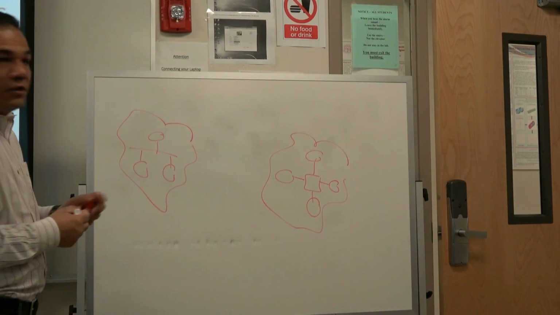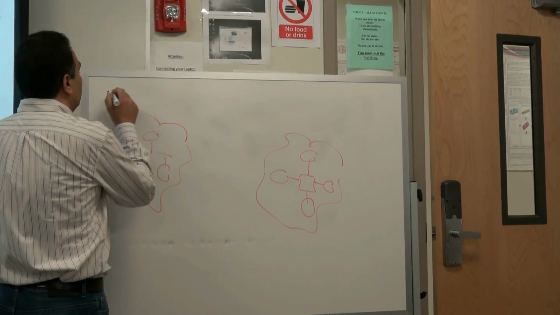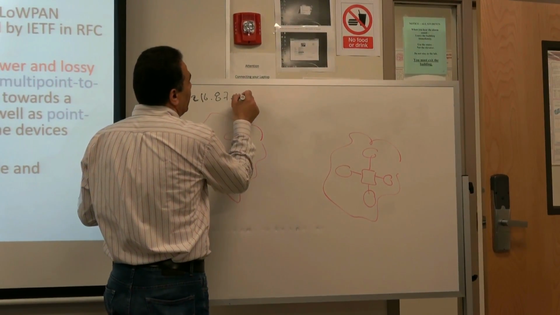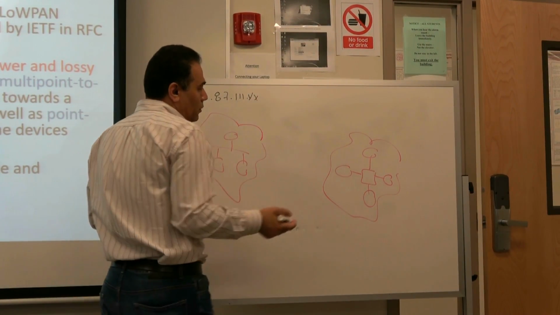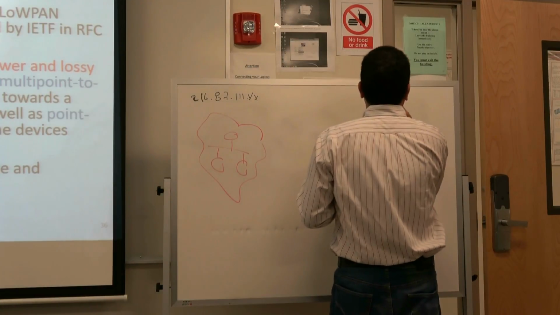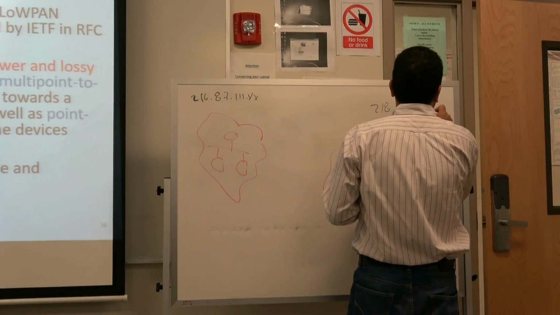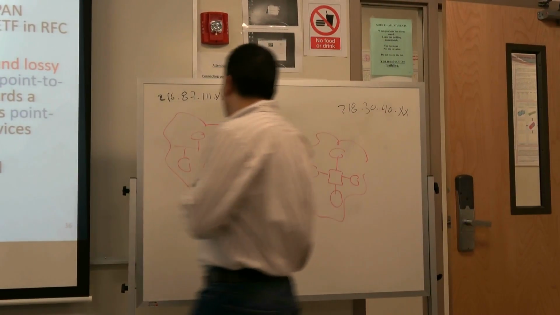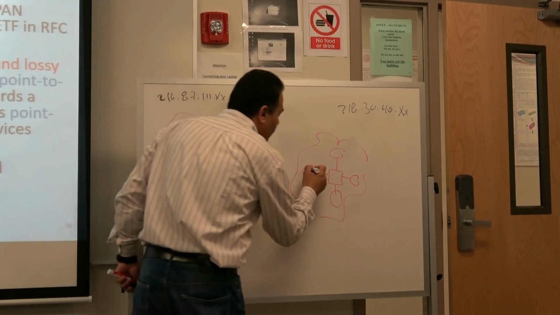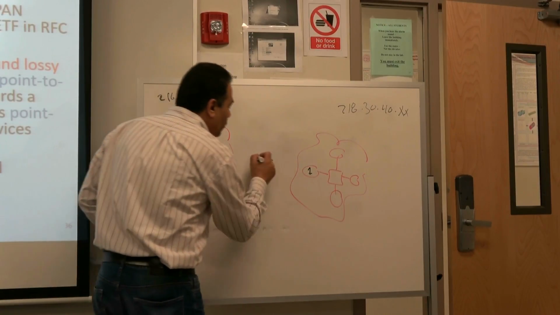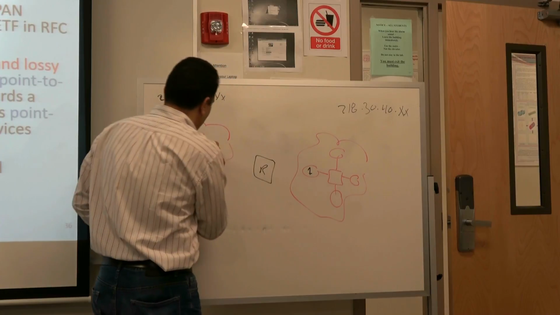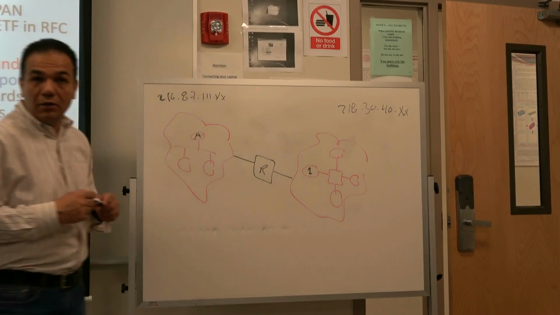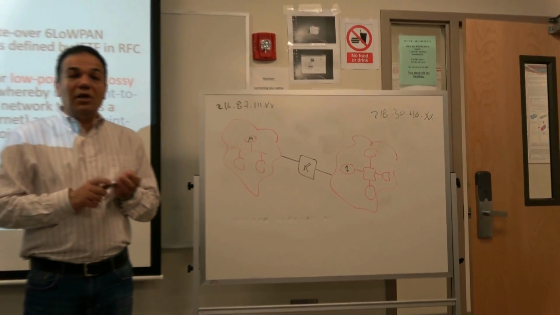If this is from a certain subnet, let's say 216.87.111.XX, and this is 218.30.40.XX, then for node A to communicate with node 1 over here, it has to go through a router. This network has to be connected with this network.